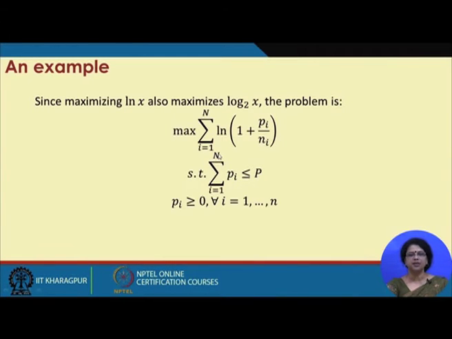Instead of taking base 2, if we just maximize this, that is sufficient, because both are equivalent in pattern. Thus we will consider this as our nonlinear programming problem, the maximization of this, and this type of problem many of you have come across in your engineering study.